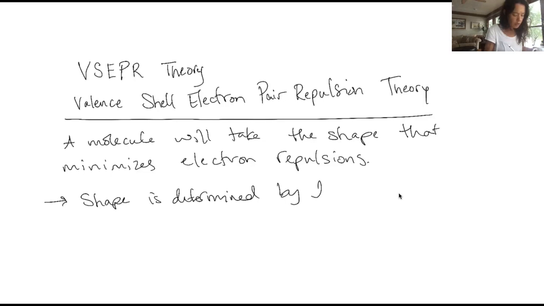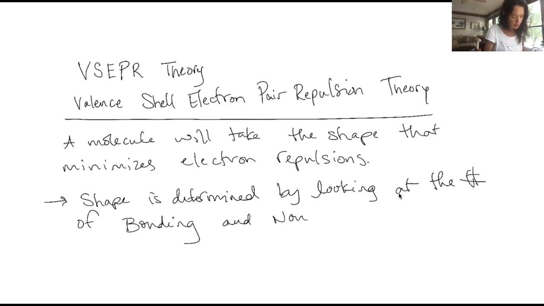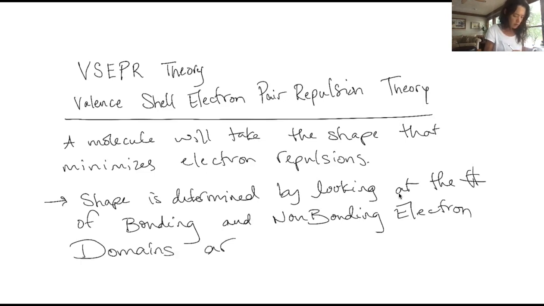The shape is determined by looking at the number of bonding and non-bonding electron domains around the central atom, or the atom that we're concerned with.